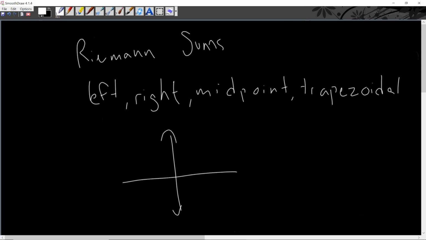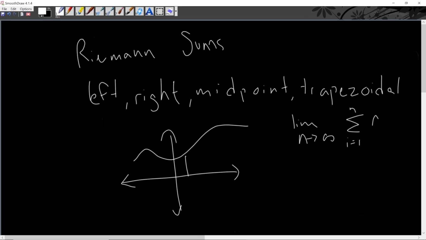So let's say that we have some f of x, goes on and on. In the formal definition of the integral, we have an infinite number of these subdivisions.